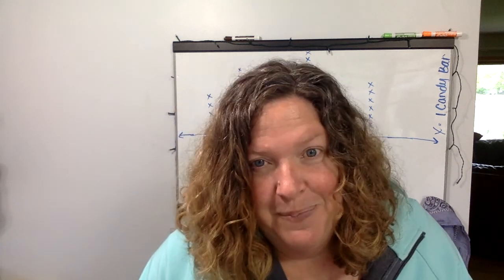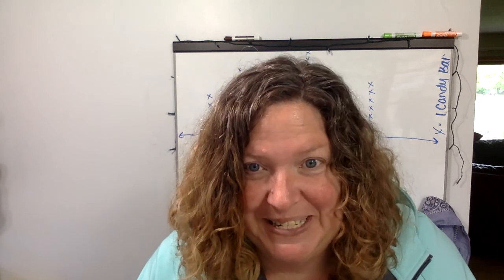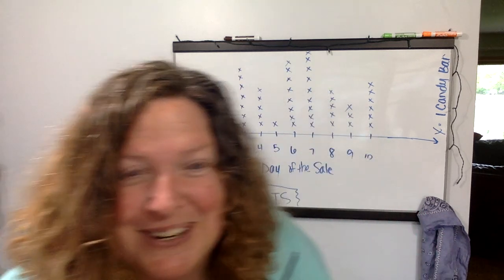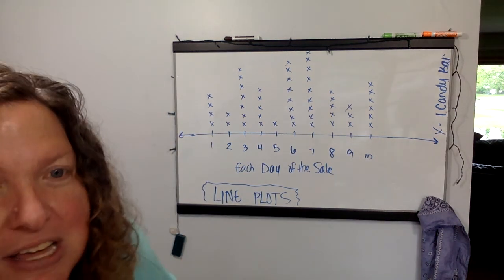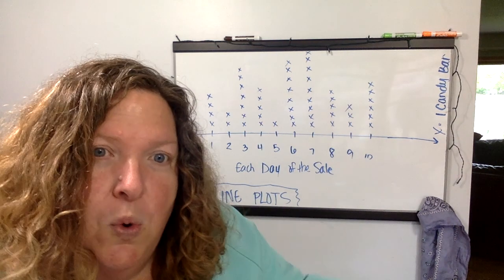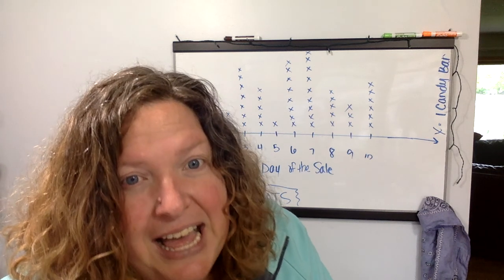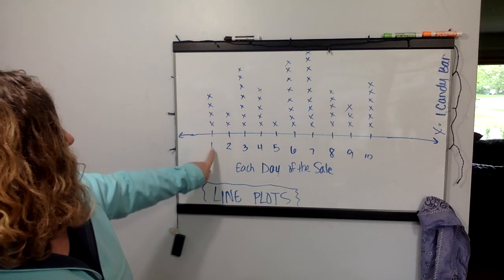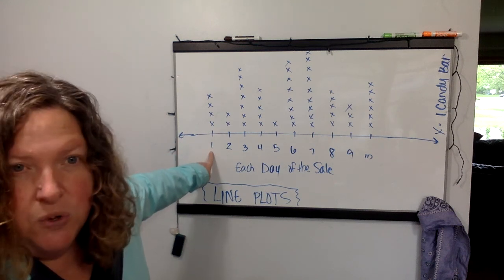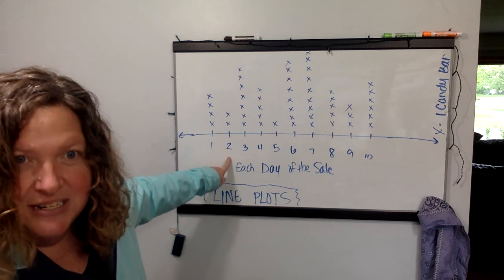For instance, we can do multiplicative comparisons. Yeah, those are big words. Multiplicative comparisons. That's when we talk about how much more something is, as in multiplication or division, how many times more. So we could say on day 1, we sold 2 times more than we did on day 2.